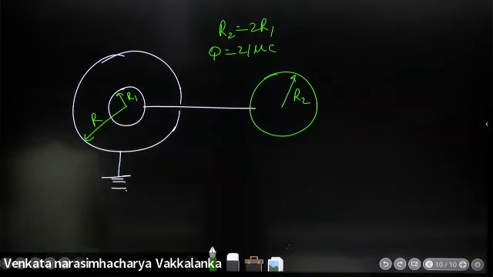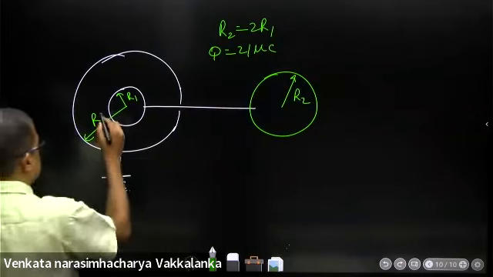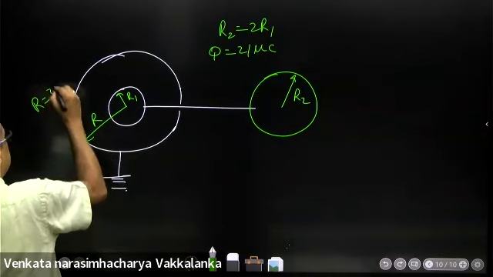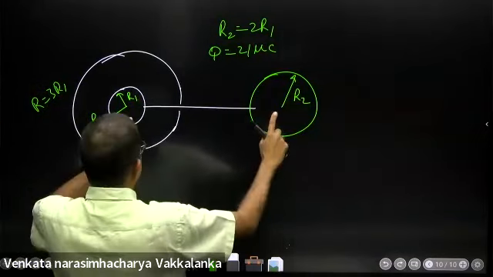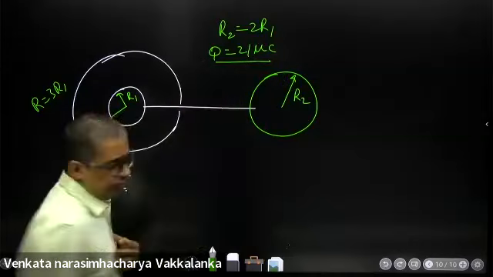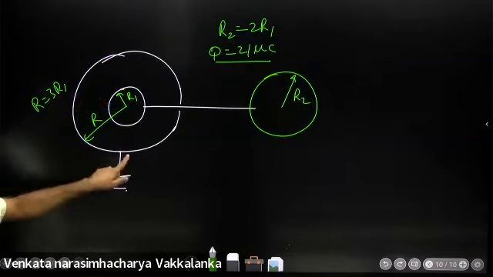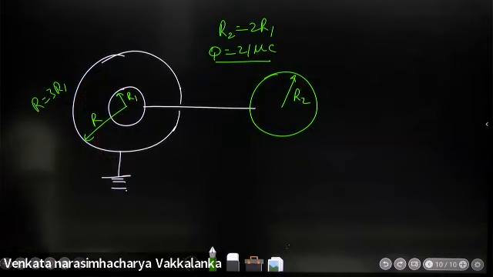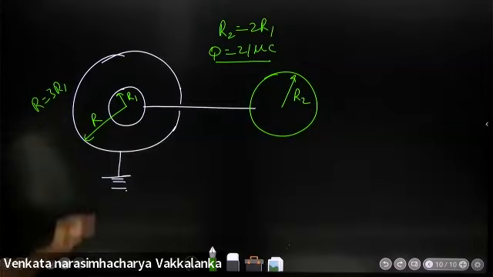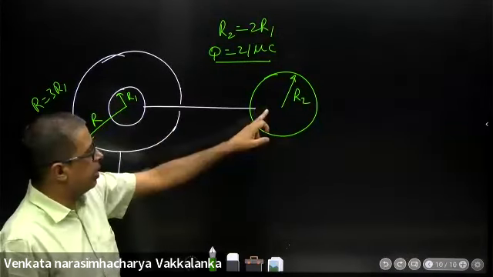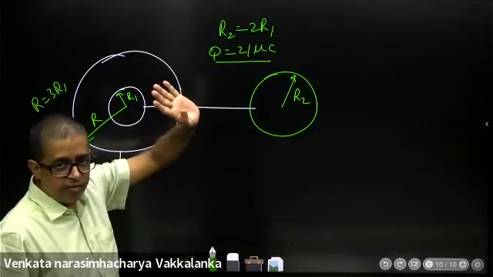Then R1 is placed inside a grounded metallic sphere of radius R, which is 3R1. Initially, these two spheres had a total charge of 21 microcoulombs. Then the ball of radius R1 is placed inside a grounded sphere of radius capital R. I again repeat, initially R1 and R2 had a total charge of 21 microcoulombs.